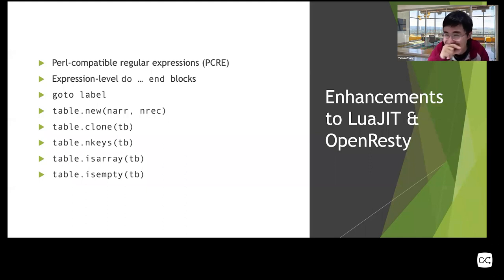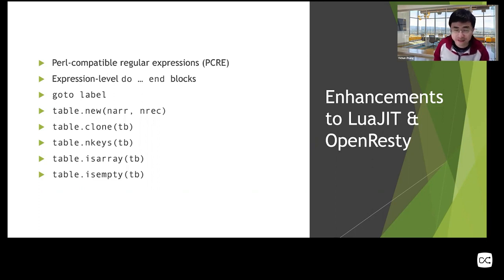Everybody knows that, and it cannot count hash table entries. It only finds one of the local max indices for a table. It's not even a global max. nkeys is a different story. It really counts all the keys, no matter whether it's an array entry or a hash table entry. Okay, and table.isarray is also another LuaJIT primitive Lua API.